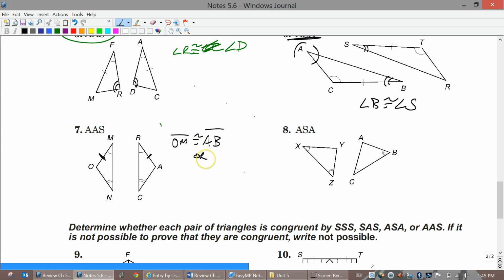We could do ON congruent to AC, because then it's 2 angles, 1 side. And then ASA here, the side would have to be here. There's no switcheroo on that.